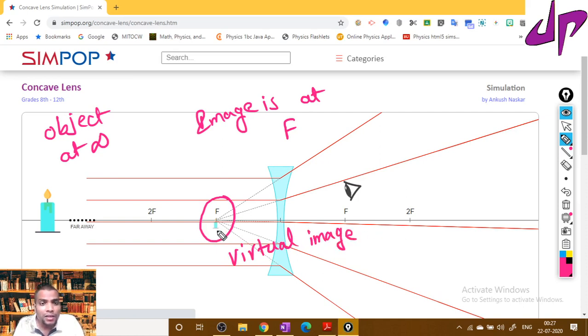And if you compare the size of the object to the size of the image, the object size appears bigger and the image size appears smaller. So we can say the image is diminished.